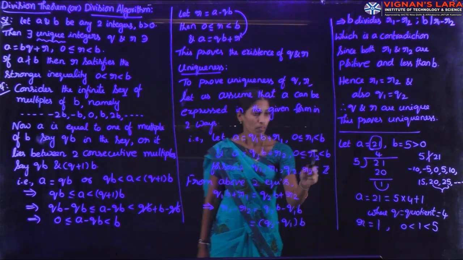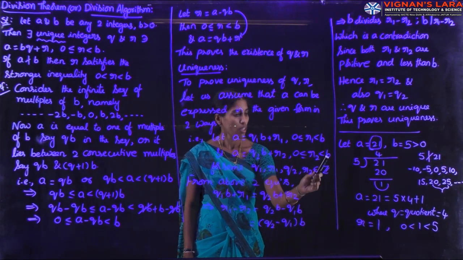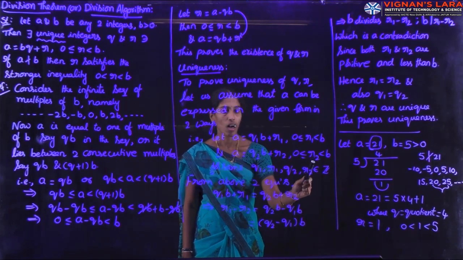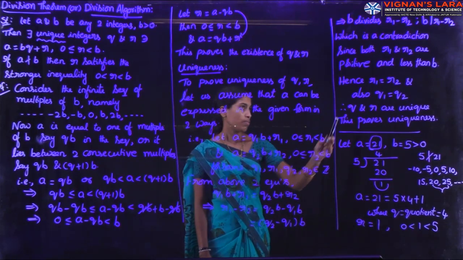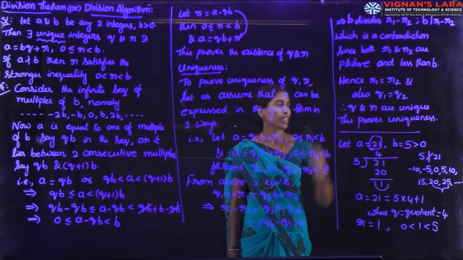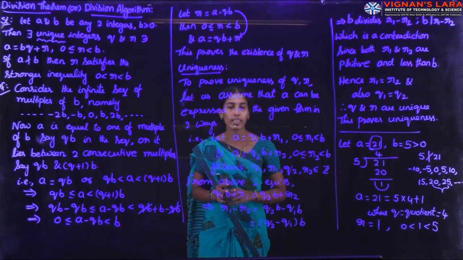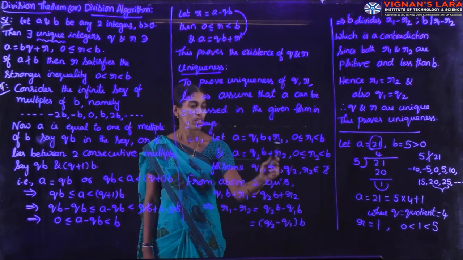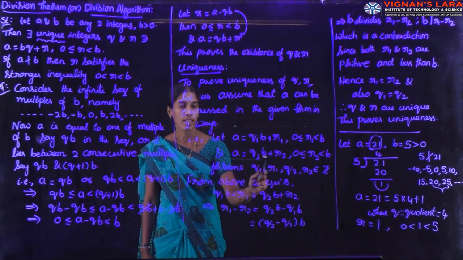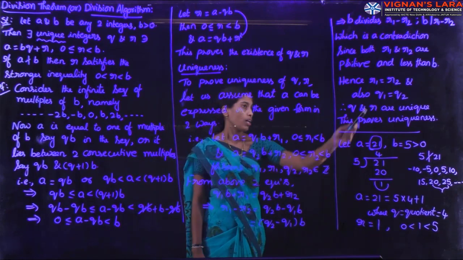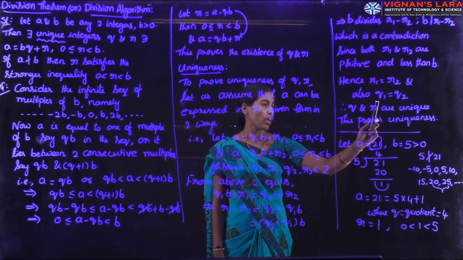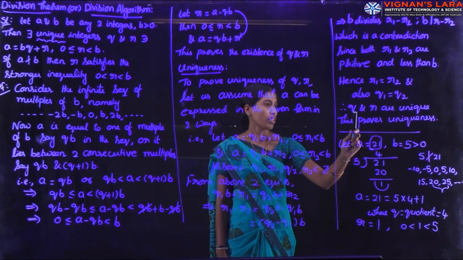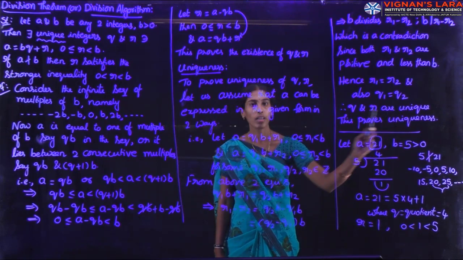But here B value is greater than R1, B value is greater than R2. So we are getting a contradiction. Why are we getting a contradiction? Because we assumed two such possibilities exist. Therefore R1 equals R2 and Q1 equals Q2, therefore Q and R are unique.